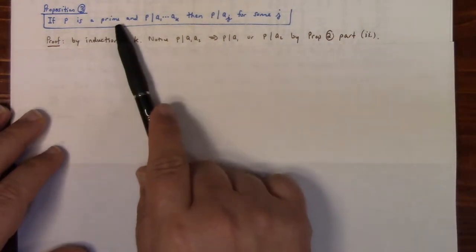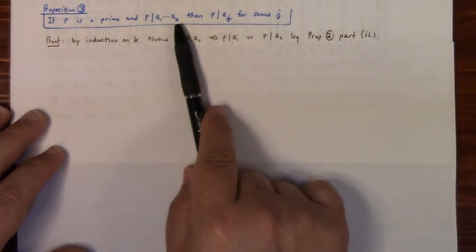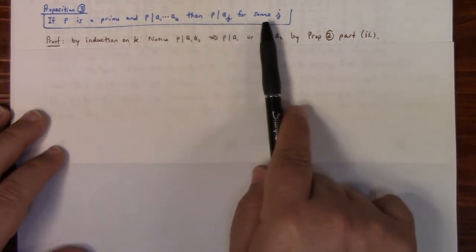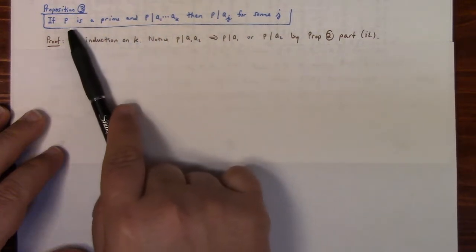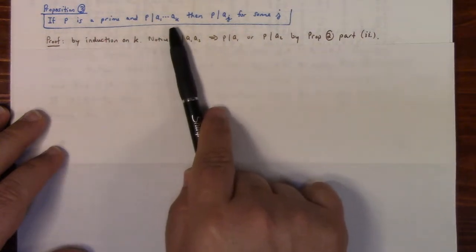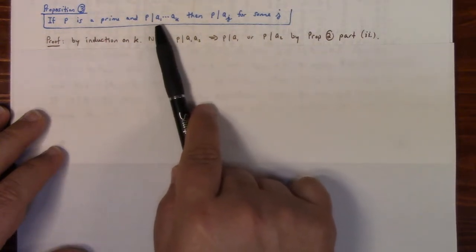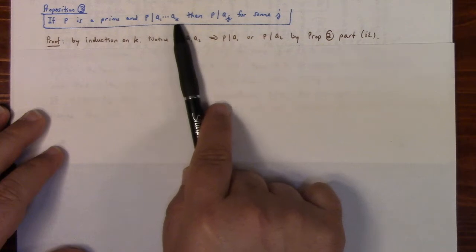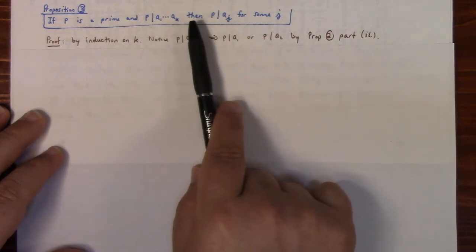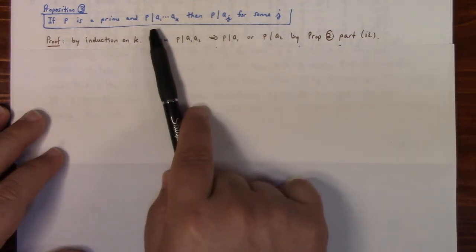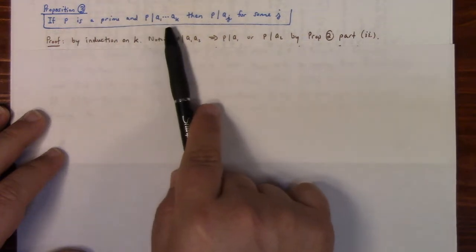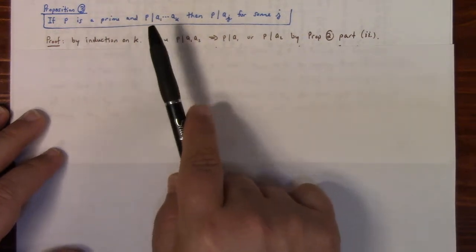So if p is a prime and p divides a product a1 through ak, right, then that means p divides aj for some j. So if p is a prime and it divides some product of numbers, then there's got to be at least one number in there, somewhere in that list, that it has to divide. It has to fit in there somewhere. You can't straddle. You can't have half of the prime in a1 and half of the prime in a2 somehow. It doesn't work that way.